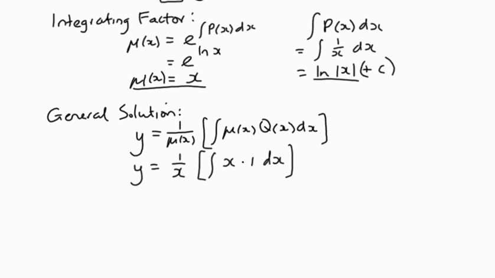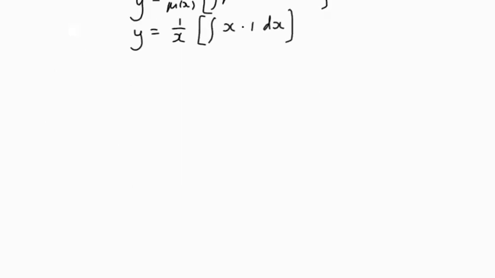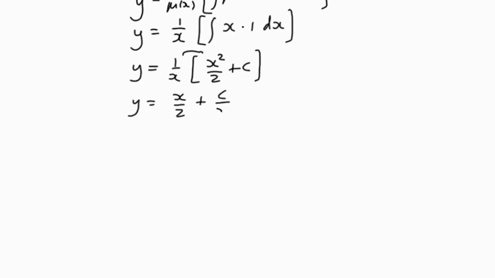So we've just got the integral of x dx, which we can go through and do. y is equal to 1 over x. The integral of x with respect to x is x squared over 2 plus c, and therefore y is equal to, if we multiply out by 1 over x, we end up with x over 2 and c over x. And we always have to make sure that we include c in any of the multiplying out that we're doing.